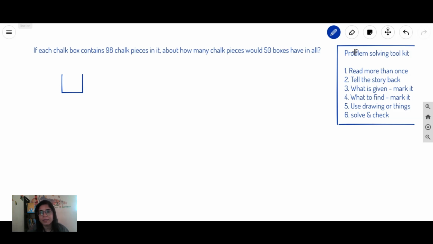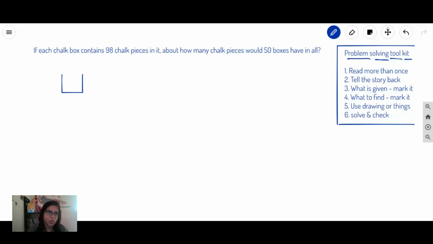What are those six steps? It is this problem solving toolkit. That's what I call it, the problem solving toolkit. And for this question also, we are going to use the same six steps. This can be used for any question.